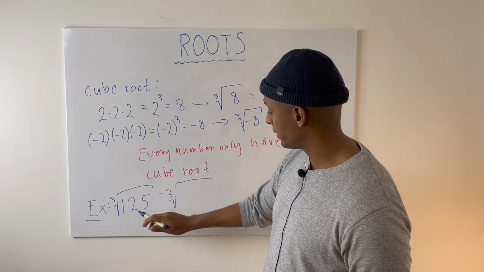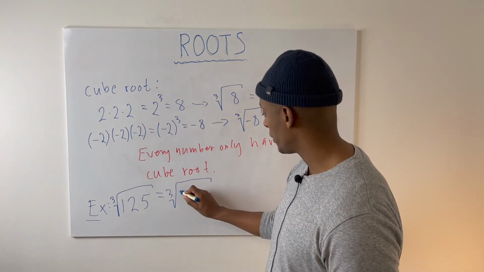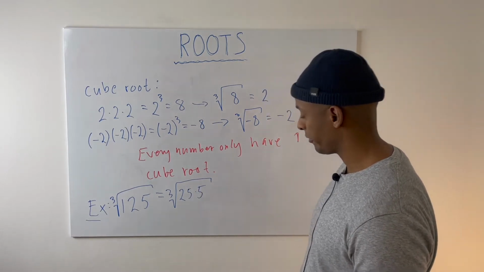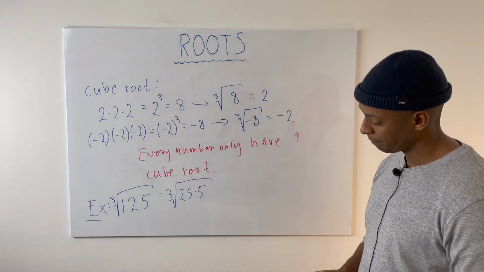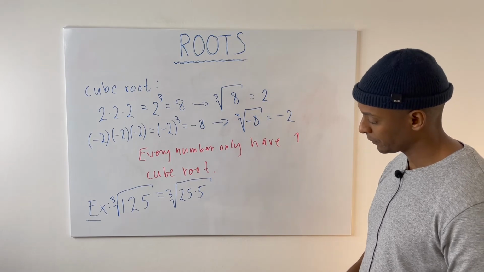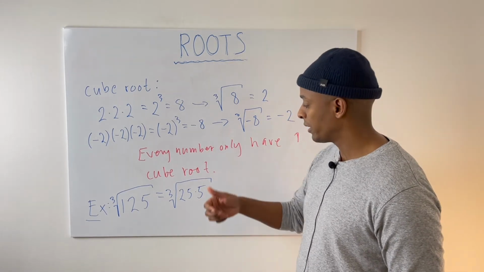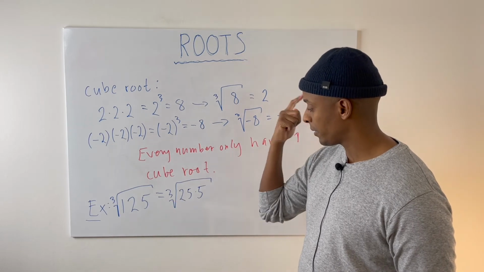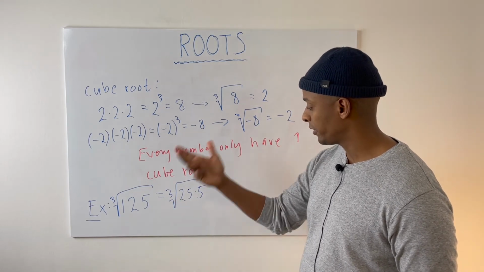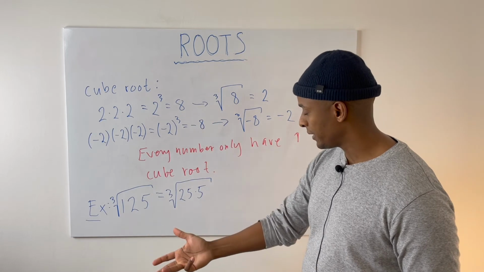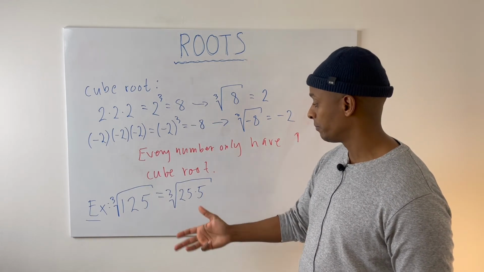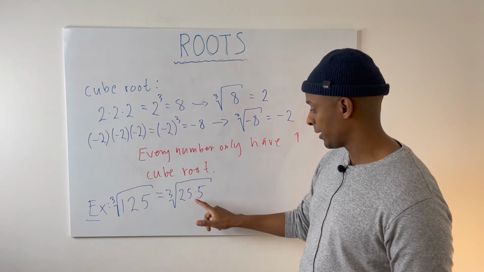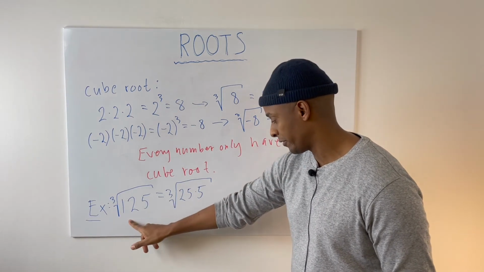So we see here that this is equal to 25 times 5. You can think of it like 25 plus 25 is 50, plus 25 again is 75, plus 25 again is 100, and then another 25 is 125. So 5 times 25 is equal to 125.